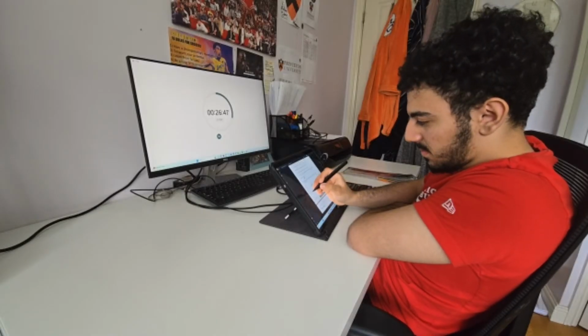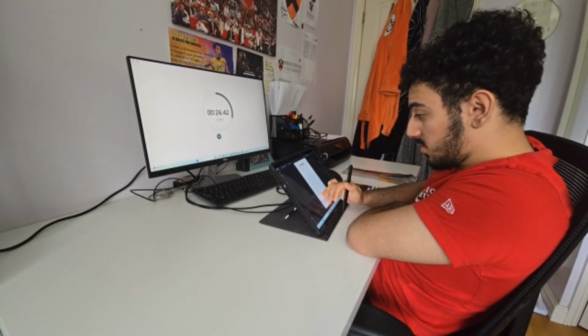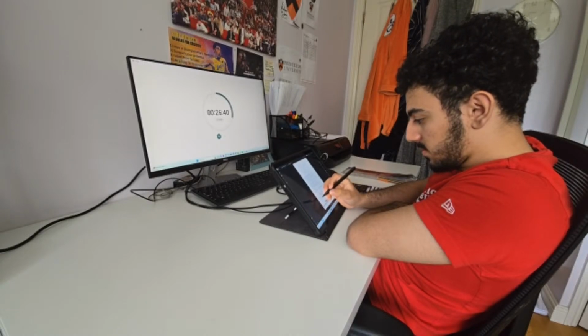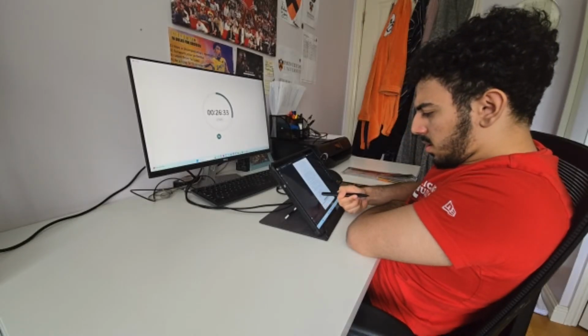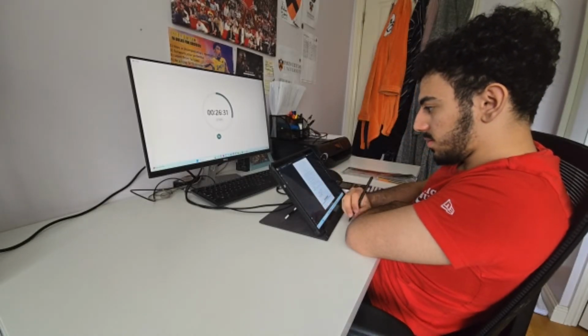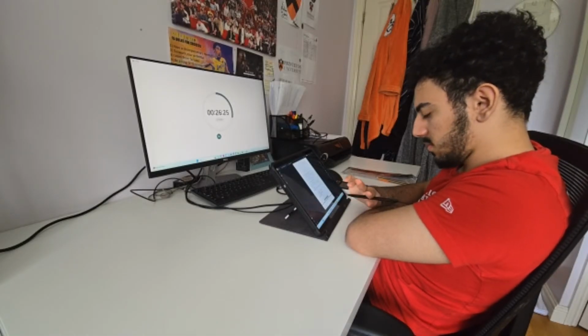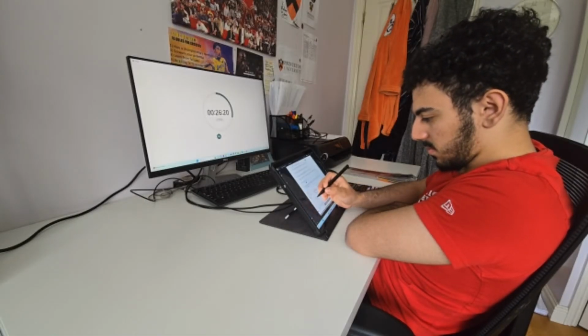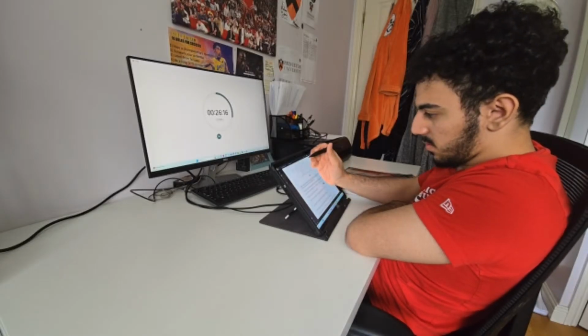So we're going to have perpendicular to AB.